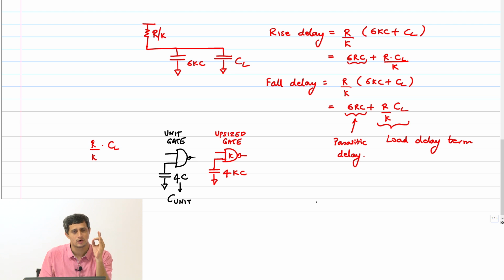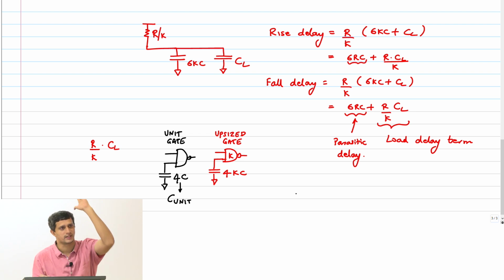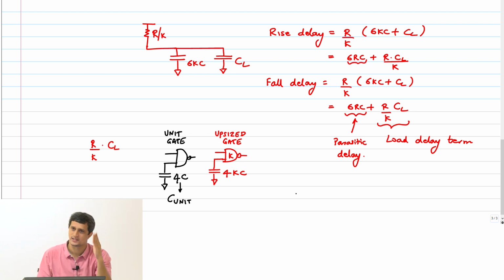Right, I told you for a NAND gate the unit gate is 2, 2, 2, 2 sizes. For a NOR gate it is 1, 1, 4, 4, right, NOR 2. NOR 3 it is 1, 1, 1, 6, 6, 6. Like that, if you define a unit gate, then whatever capacitance that unit gate presents, we will define as C unit.